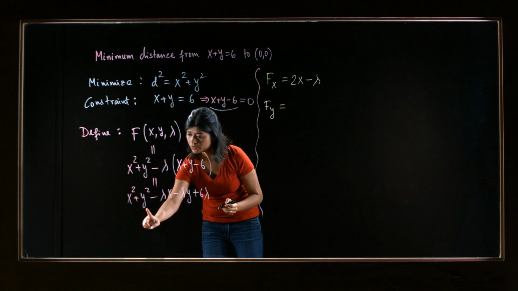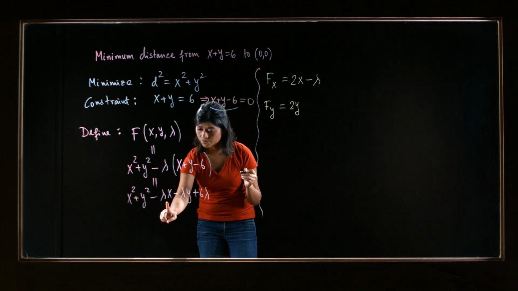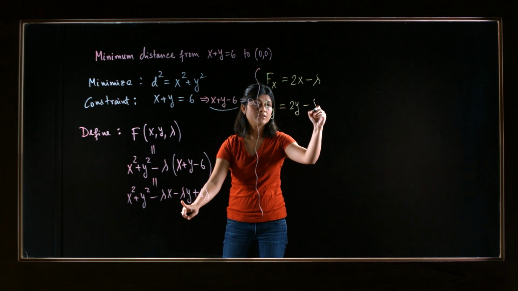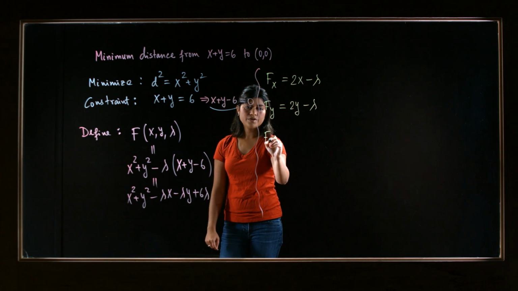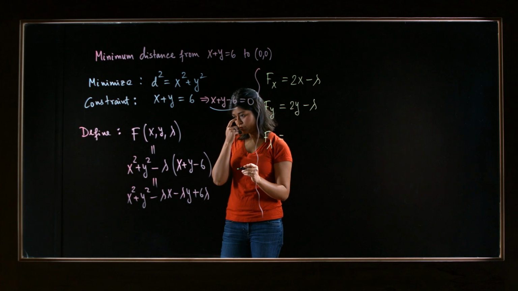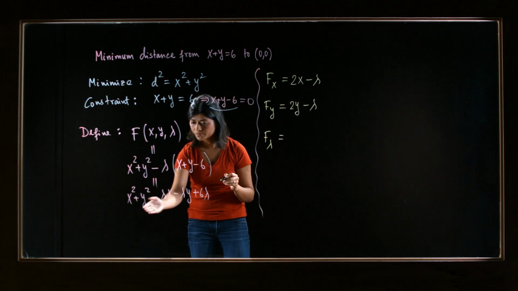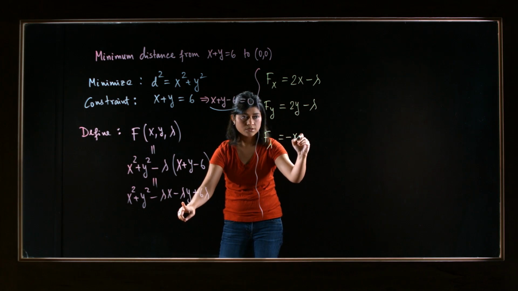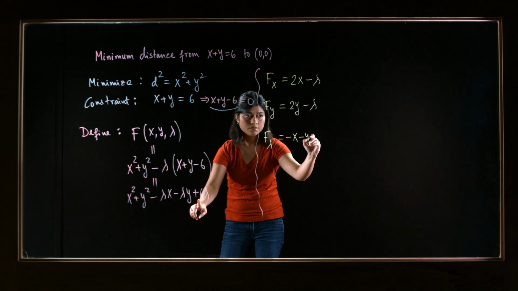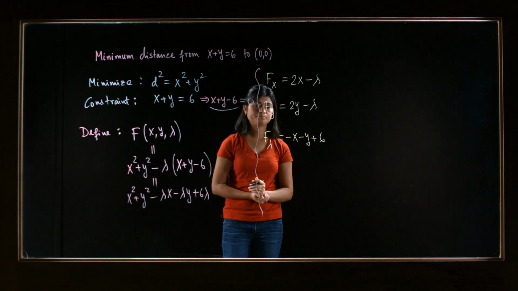The first term will be 0, the second term, the derivative is 2y, then 0, then negative lambda, and 0. Finally, f lambda: the first two terms have derivatives of 0. Then we have negative x, negative y, plus 6, because the derivative of lambda is 1.